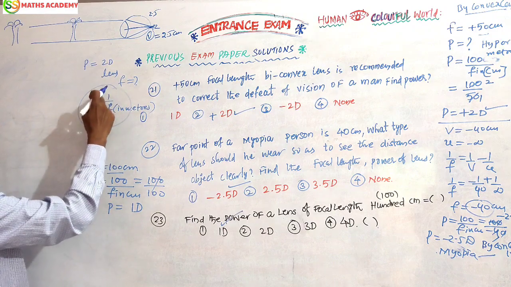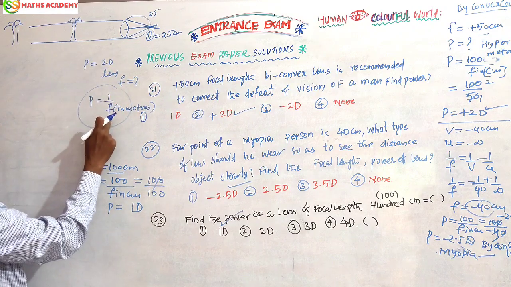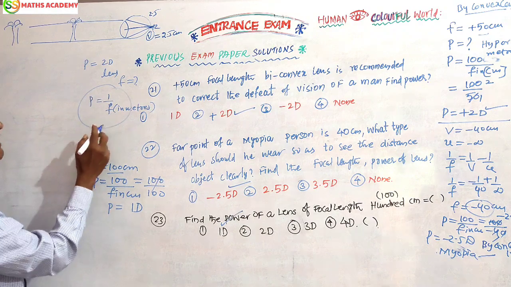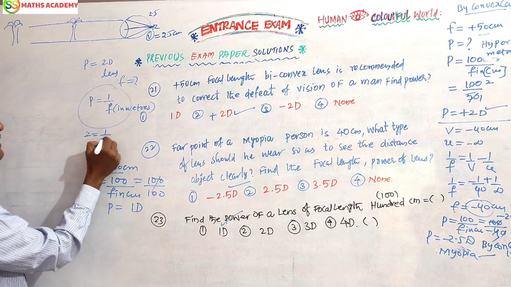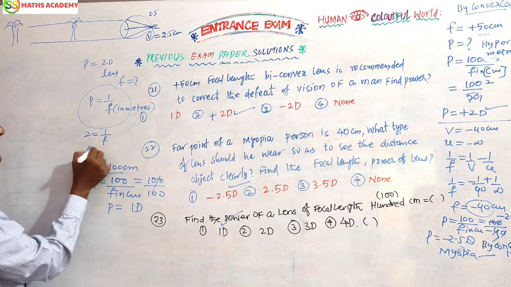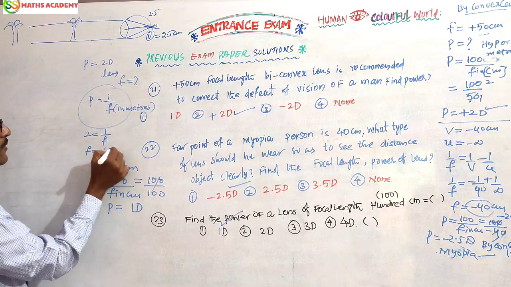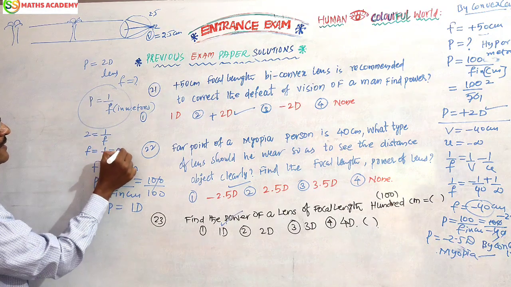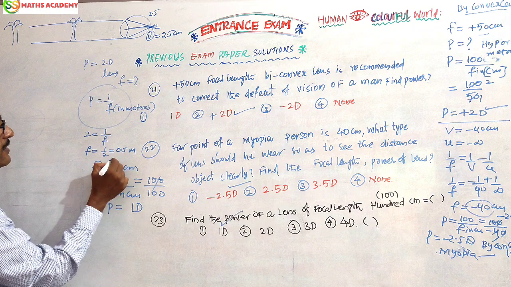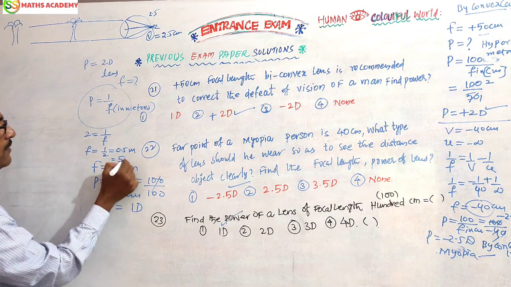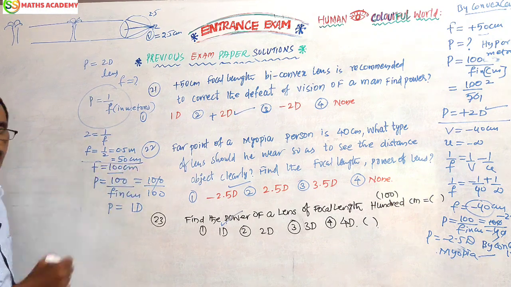Based on the P value, we can find f also. P equals 2, so f equals 1 by 2, which is 0.5 meters, nothing but 50 centimeters also.